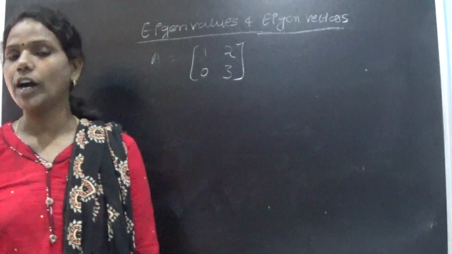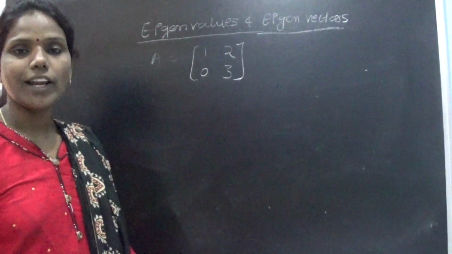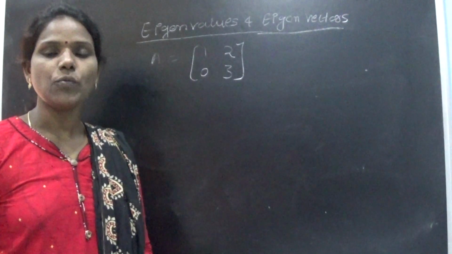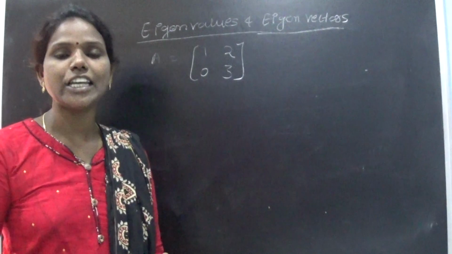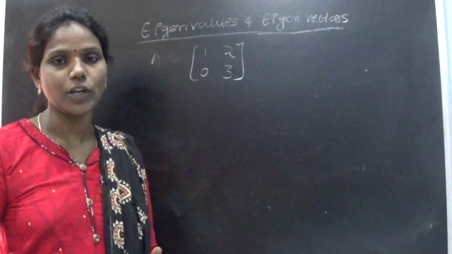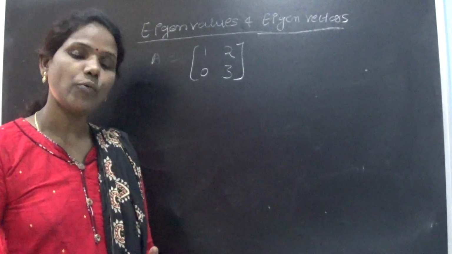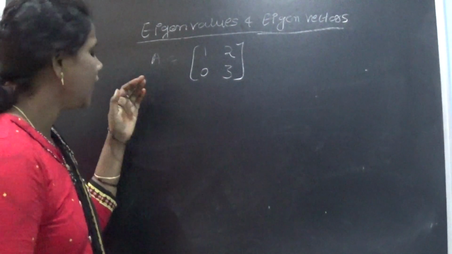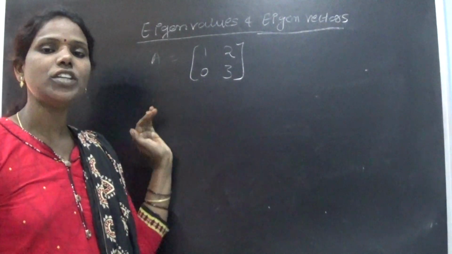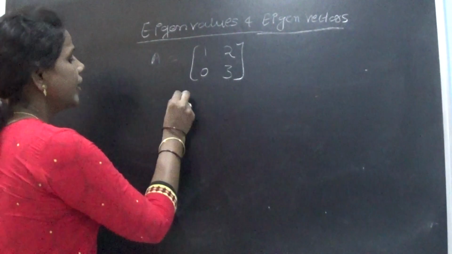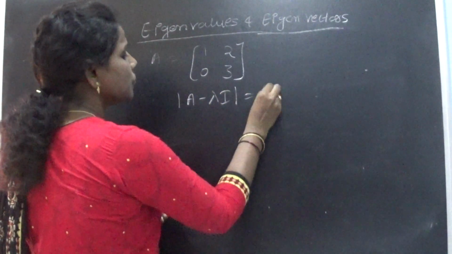Now I want to find eigenvalues first. To get eigenvalues, I will give one more definition. The root of the characteristic equation is called an eigenvalue of a matrix. What is the characteristic equation of a matrix A? Suppose A is a square matrix of any order, then the characteristic equation of that square matrix is determinant of A minus lambda I is equal to 0.